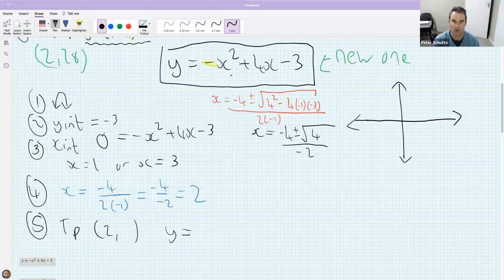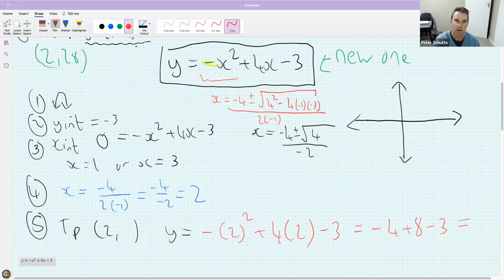So where was the original? The original was at the top here. We get -2 squared plus 4 times 2 minus 3. And so I get the point 2, 1.